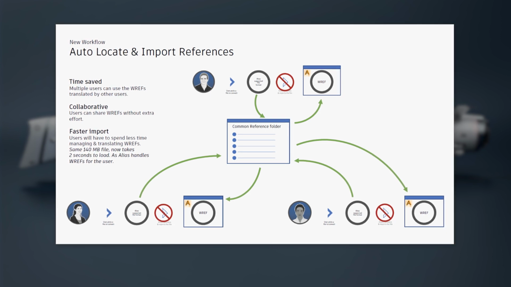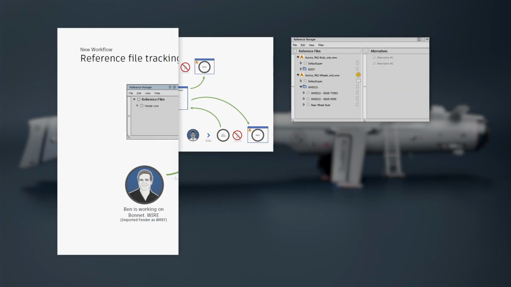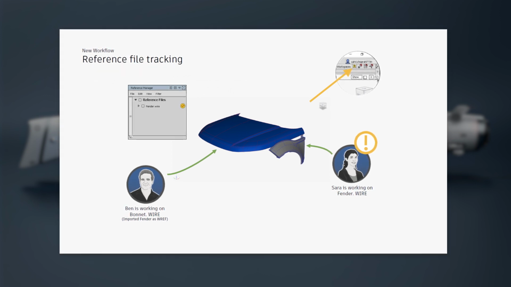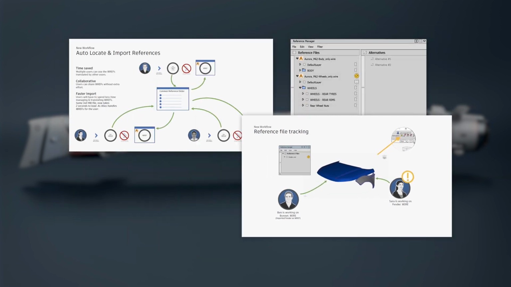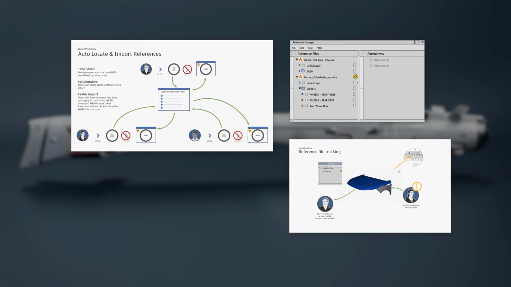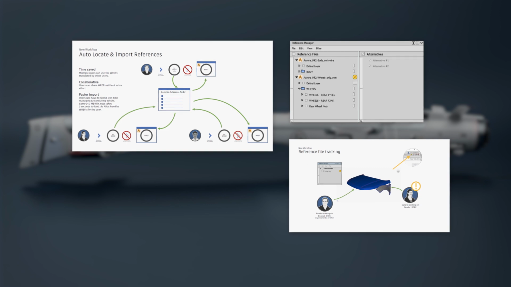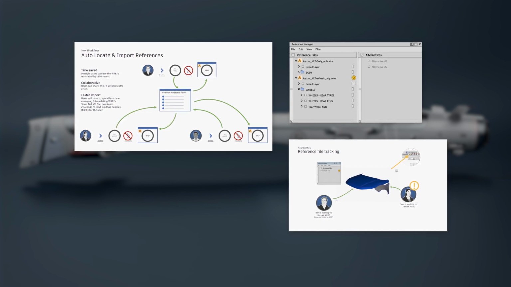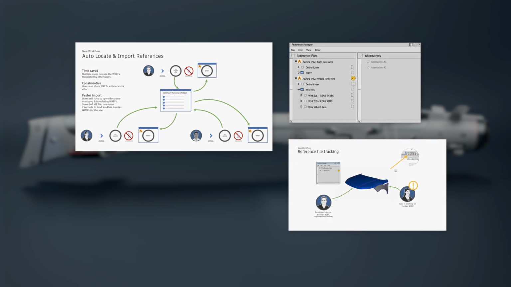So if I have a ref file that's already been created, Alias doesn't translate it again. It goes, it finds the file, then uses that file. And also, quite critically, the implementation of seeing when files are up to date or out of date and who's working on them. So if I need to update an out of date file, Alias tells me it's out of date, and I can just reload it automatically, and the geometry will actually reload.